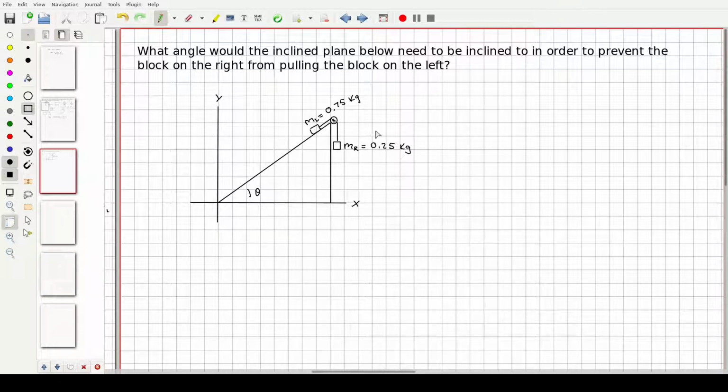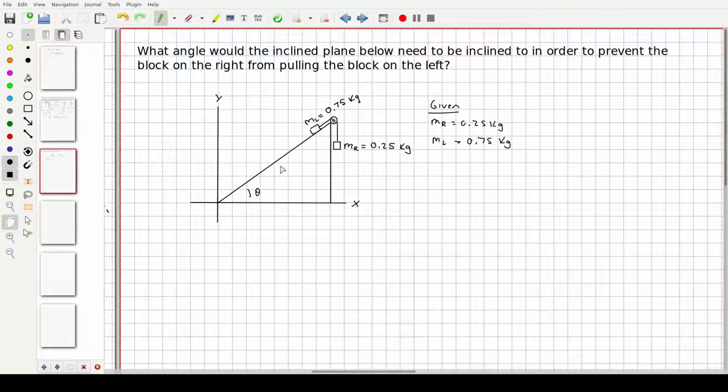Okay. So what are we given? The mass on the right is 0.25 kilograms. The mass on the left is 0.75 kilograms. Okay. Now, so I propose that just like before, we play the same sort of game.